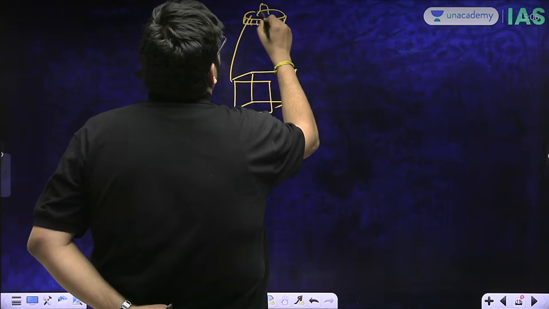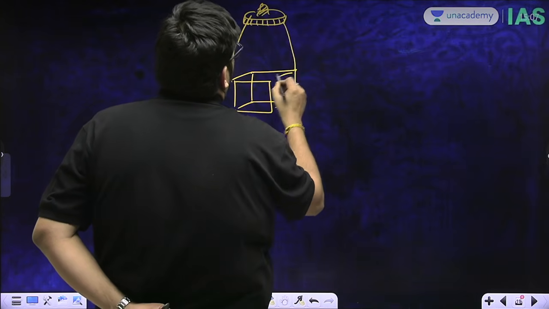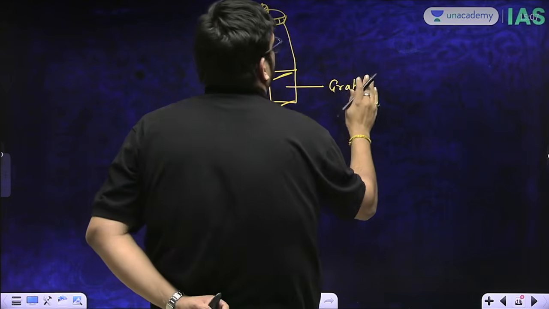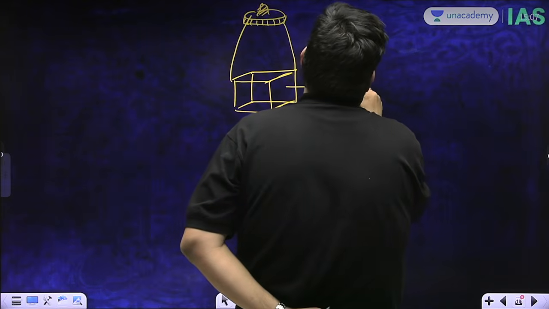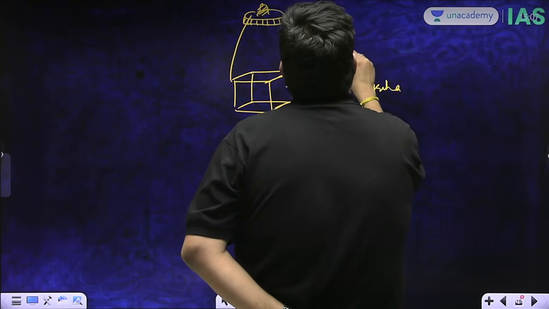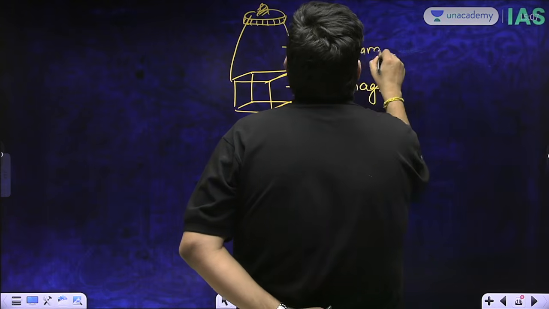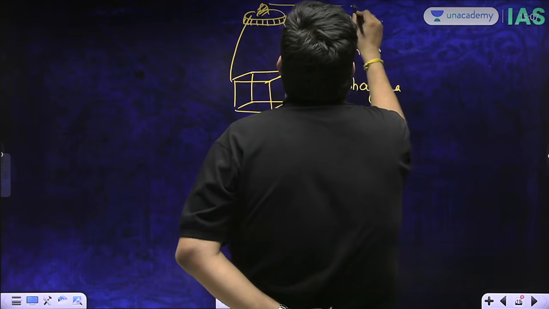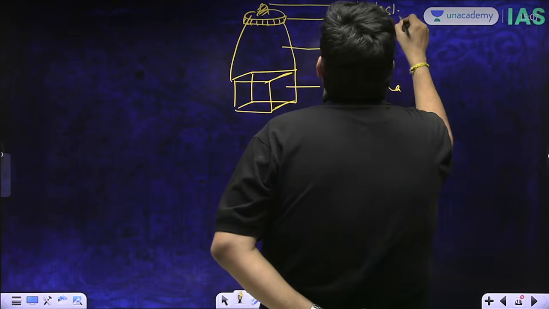Along with that, you have the Kalasha. This becomes your basic Garbhagriha. Then you have the Shikhara. Then you have the Amalaka. And then you have the Kalash.